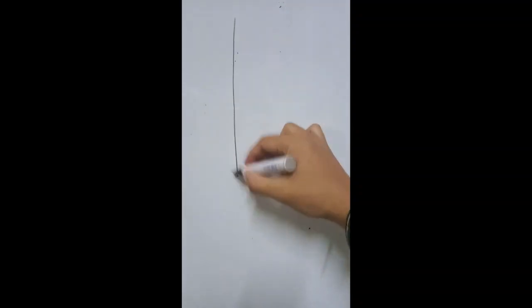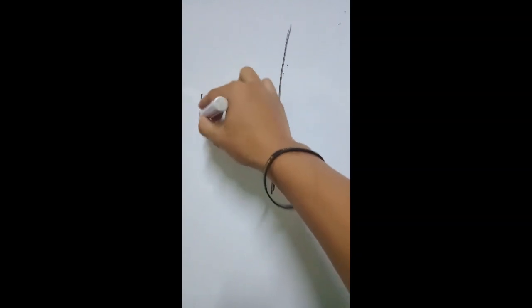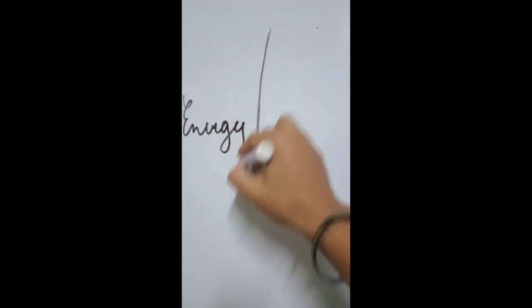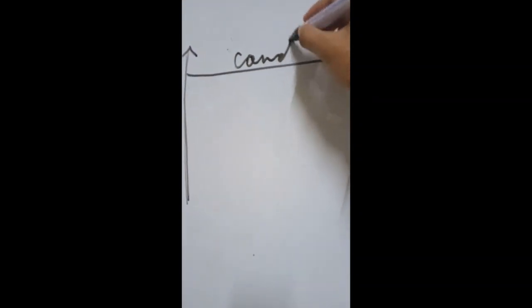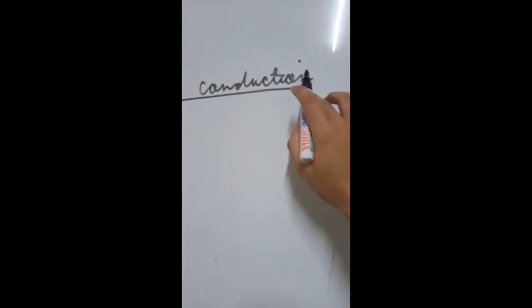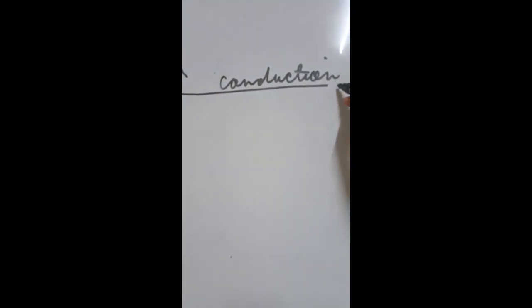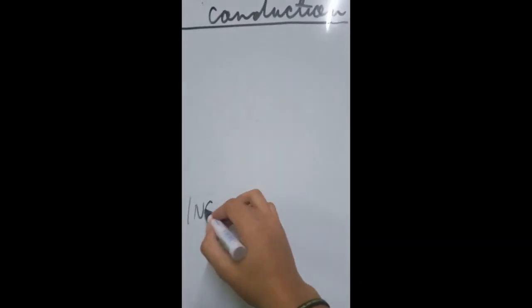Okay, for the insulator, we call the energy levels. This will be the conduction level. The conduction band is responsible for allowing electric charge or electric current to pass. This is also for the insulator.